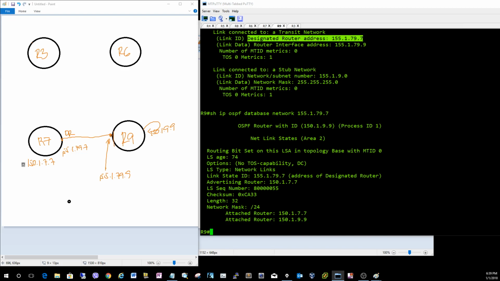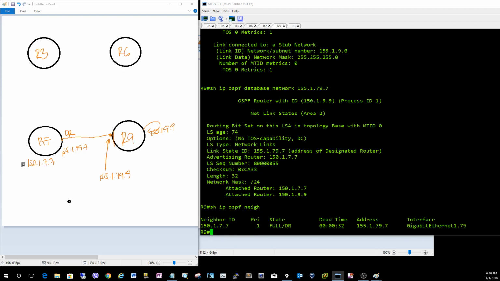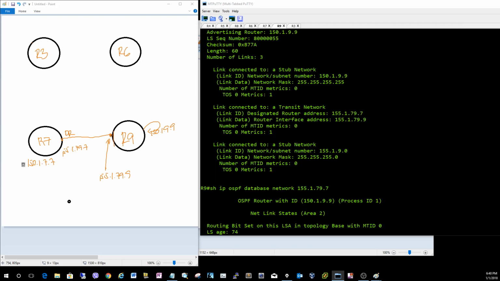Going back to the designated router address, please do not confuse this with the router ID. Some of you might be thinking, remember, if we run the command show IP OSPF neighbor, it will tell us that 150.1.7.7 is the designated router. But how come here it says that the designated router address is 155.1.79.7?